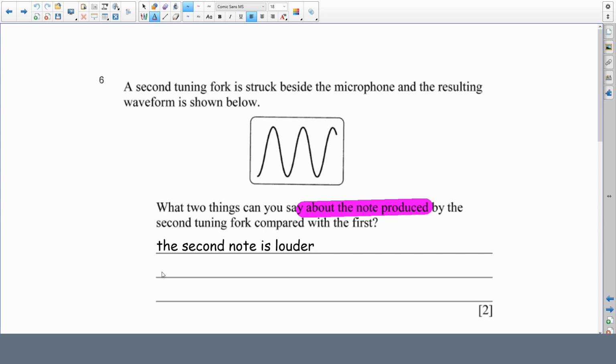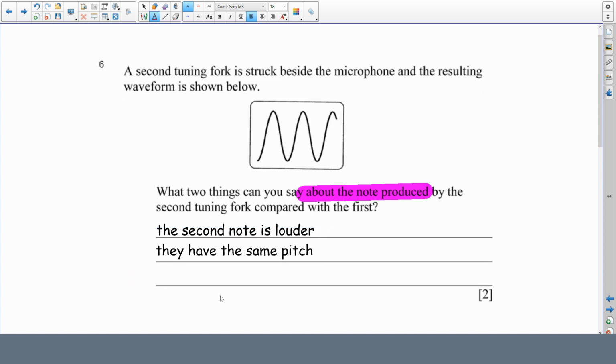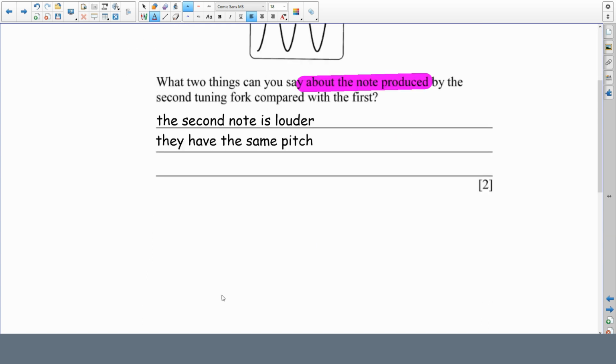We've got the same number of crests and the same number of troughs, so they have the same pitch. That's what we want there, the number of peaks. So what we have here is that the second is louder, and that we've got the same pitch.